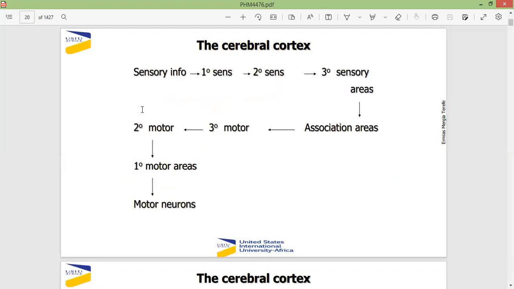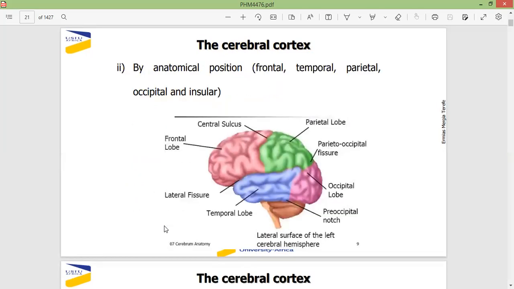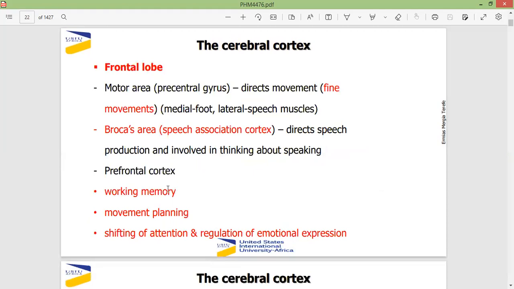And a lot of things, of course, will be happening in the cerebral cortex, but we can't go into all those things. The frontal lobe will be part of the cerebral cortex, and in the cerebral cortex of the frontal lobe is where your thinking is.